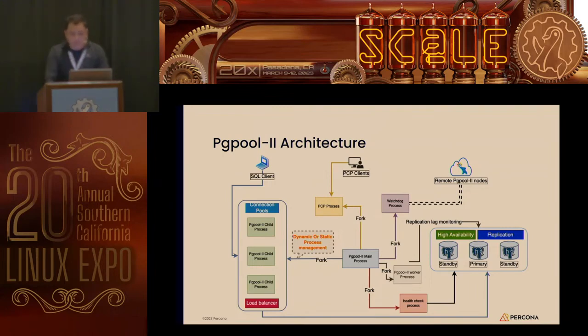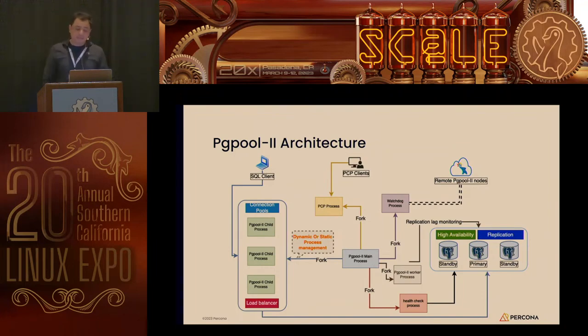Then this is the watchdog process. This is used for coordinating with other Pgpool-II nodes to make a cluster. And then this health check and worker process. These two processes connect to Postgres for health checking. Again, health checking is very configurable. You can set different times and retries for each server.